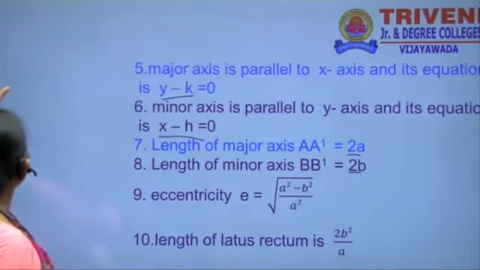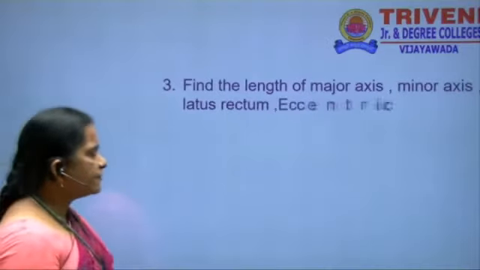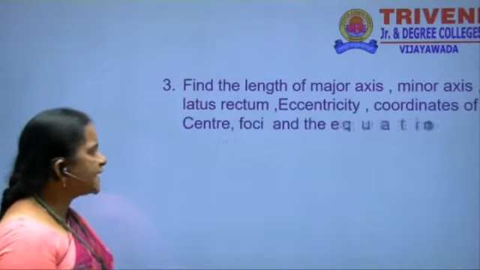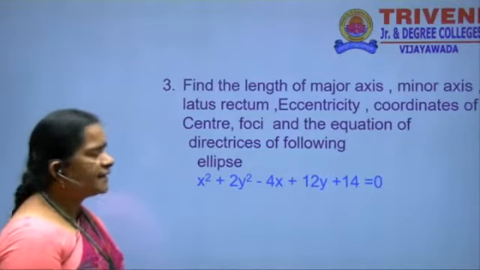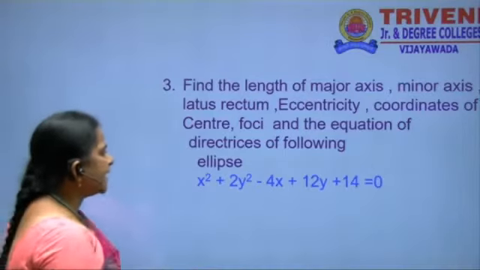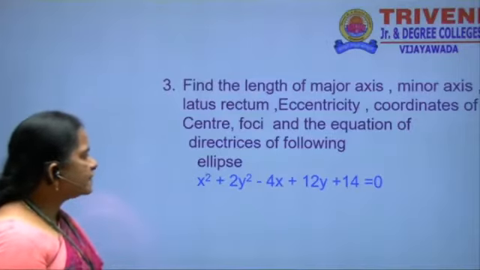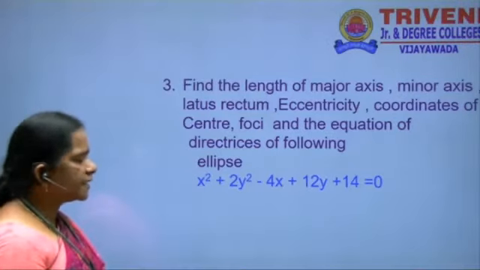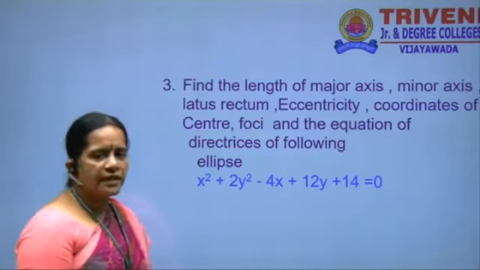Okay, and then depending on this one, we have one problem. We have to find the length of the major axis, minor axis, latus rectum, eccentricity and coordinates of the center and foci, and equation of the directrices of the following. The equation is x square plus 2y square minus 4x plus 12y plus 14 is equal to 0.